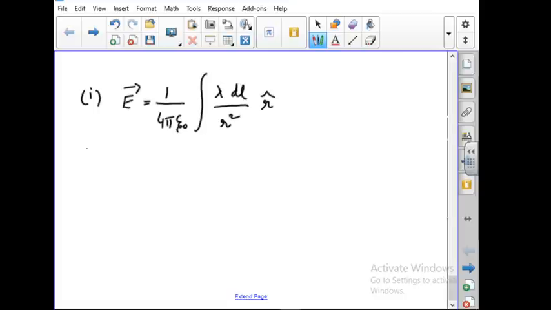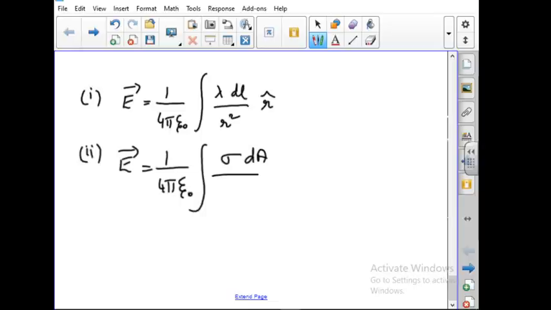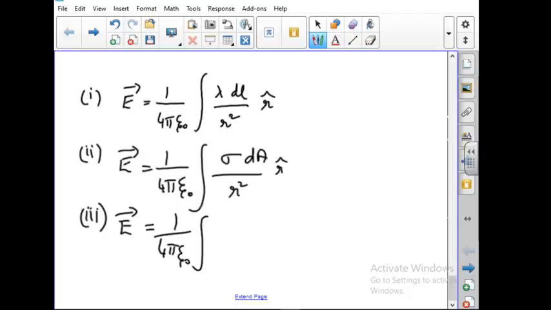For a uniformly charged area, the electric field is 1 by 4 pi epsilon naught integral sigma dA by r squared into r cap. And for a uniformly charged volume, the electric field is 1 by 4 pi epsilon naught integral rho dV by r squared into r cap.